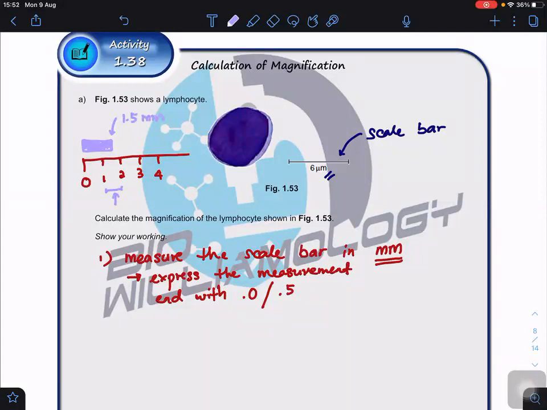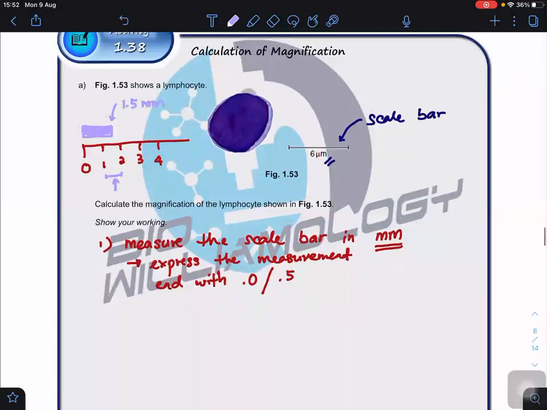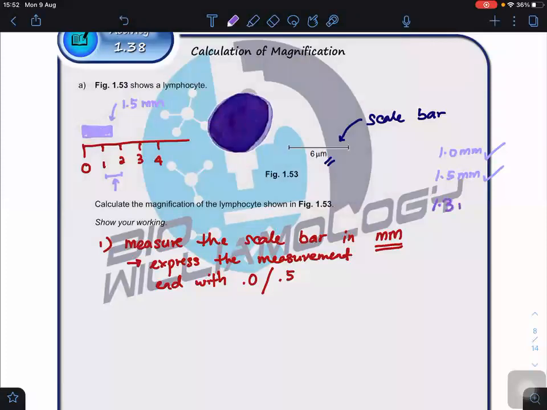So very important, guys. When you do the measurement, always remember, when you write the answer, for example, in this case it can be 1.0 mm, correct? 1.5 mm, correct? 1.3 mm, wrong, because it must end with 0.0 or 0.5.